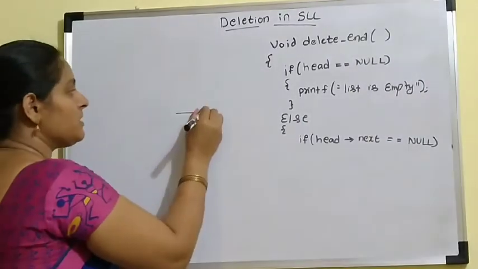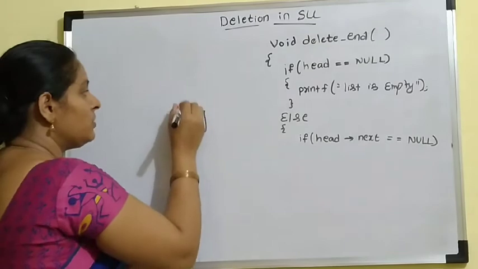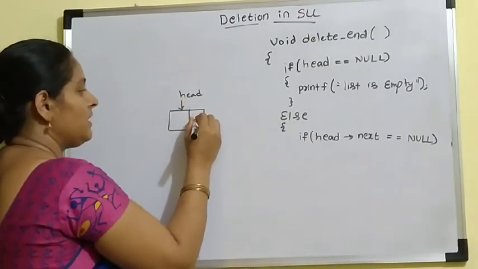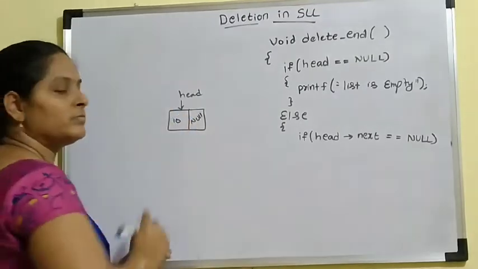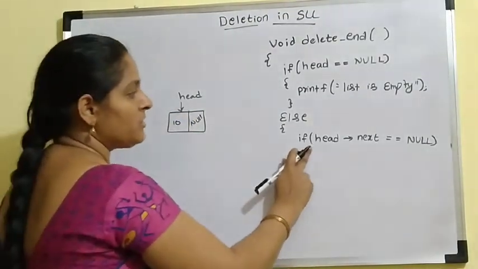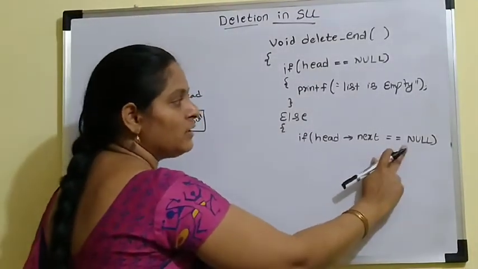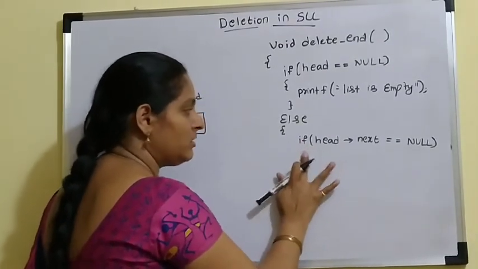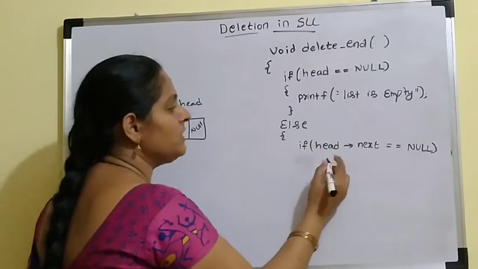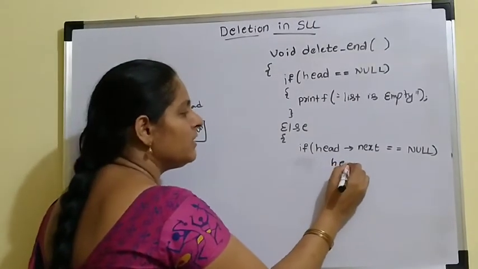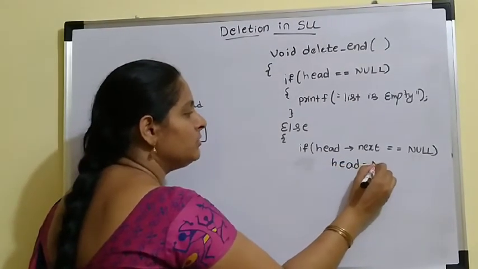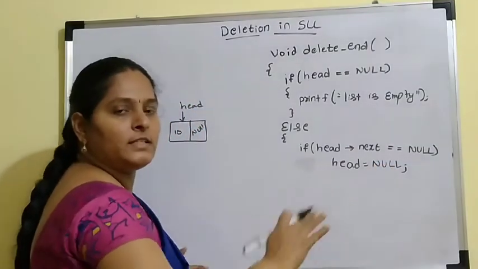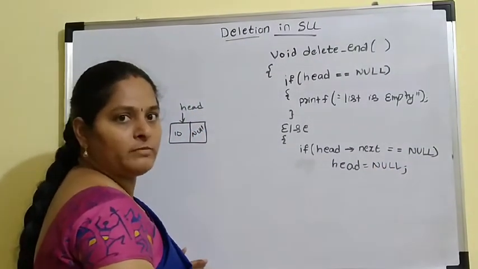If your list contains only one node, your node becomes the head node as well as the last node. Suppose your head contains one node, then for removing that node, what we need to do is simply assign the null value to the head.